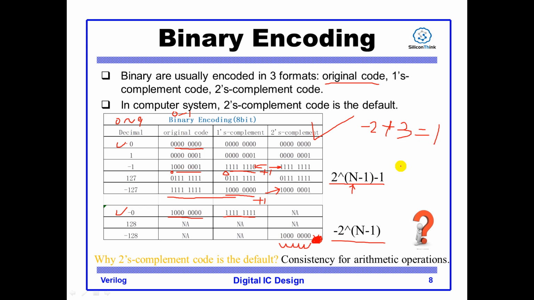Okay, this is called the consistency of arithmetic operation. And you need to notice the range. The value range of n-bit 2's complement code is minimum at this point, maximum at this point.